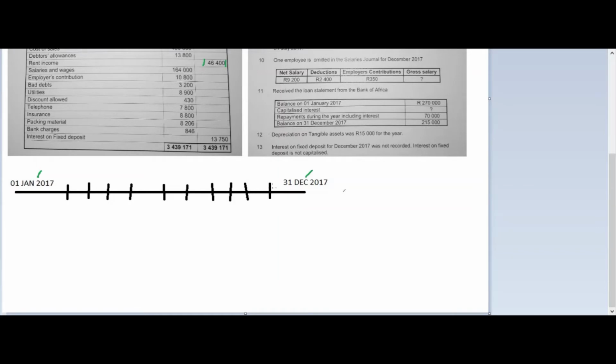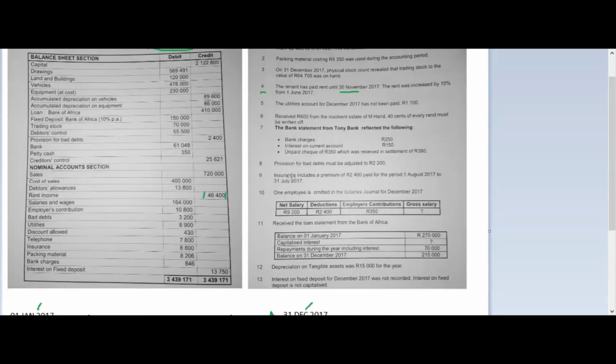November is clearly a month before December, so over here I have my November. With that information, I know that I've only received rent up until November 2017. As we've previously said, I'm owed rent for December 2017. That is what I'm actually calculating for.